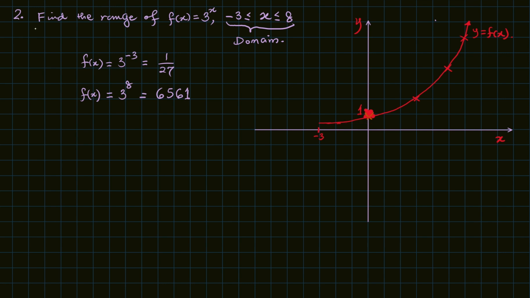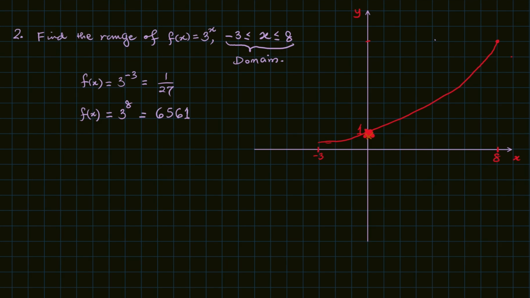And then when x is 8, 1, 2, 3, 4, 5, 6, 7, 8, for y to be 6,561. So we have something that looks like this.